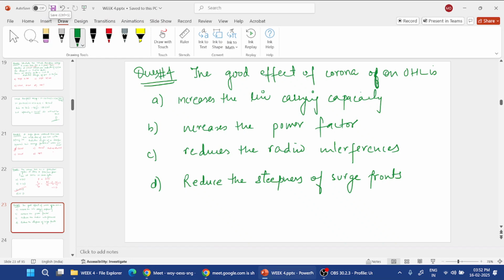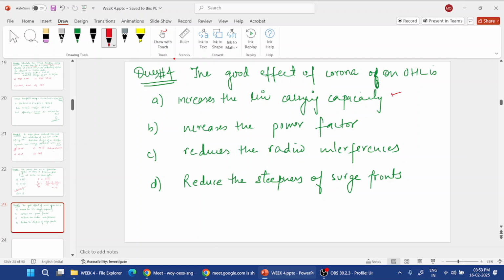Good effect of corona. What is this? So what happens here is that corona has, I have already told you, various bad and undesirable effects.